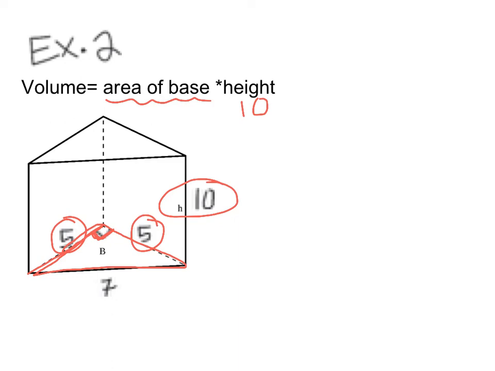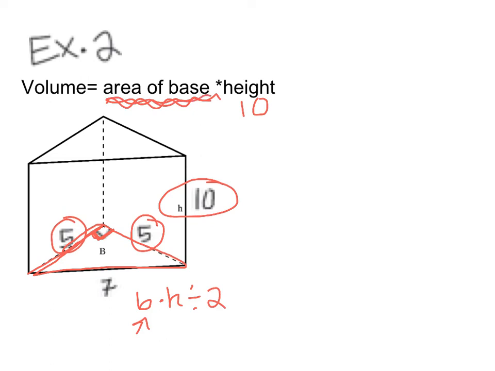So my formula for area of a triangle is base times height divided by 2. Note here that this b is not the same as the area of the base up here. This is referring to the length of the triangle that is the base, not the area of the whole base.